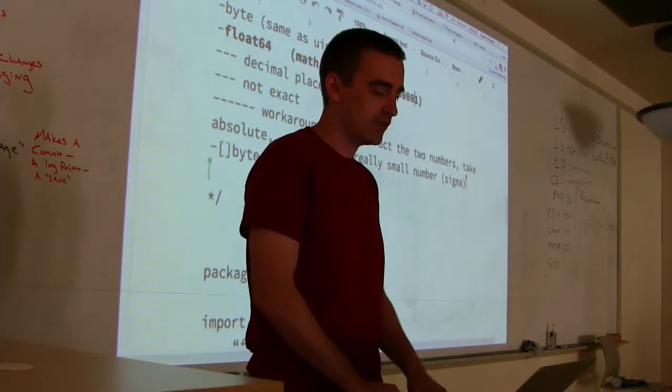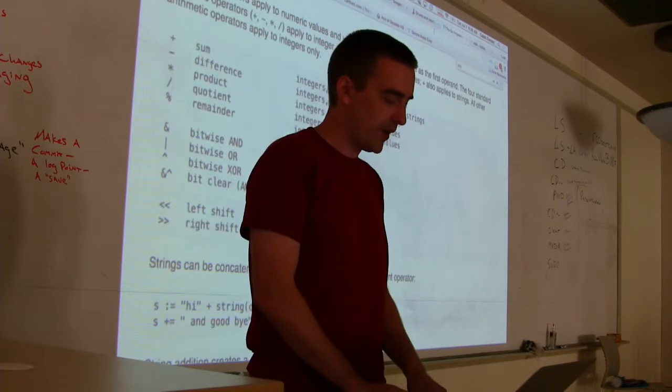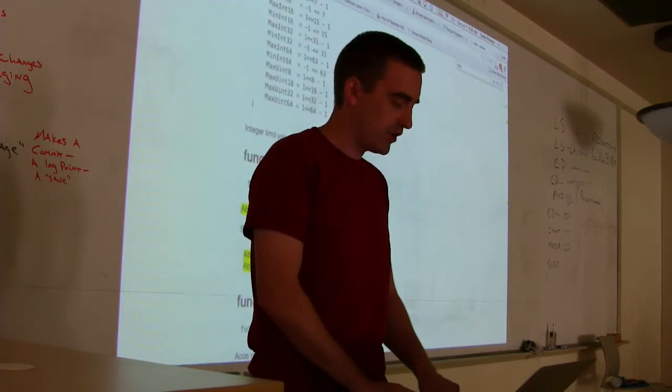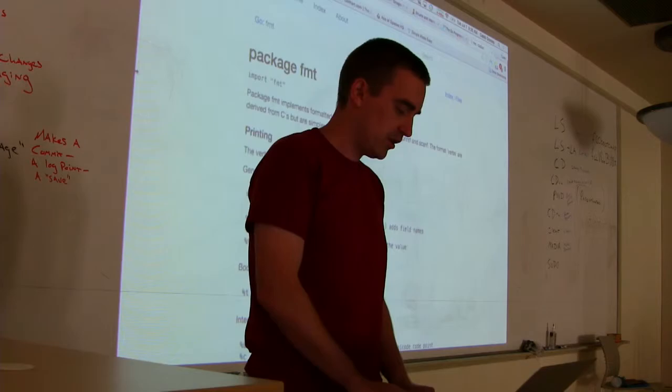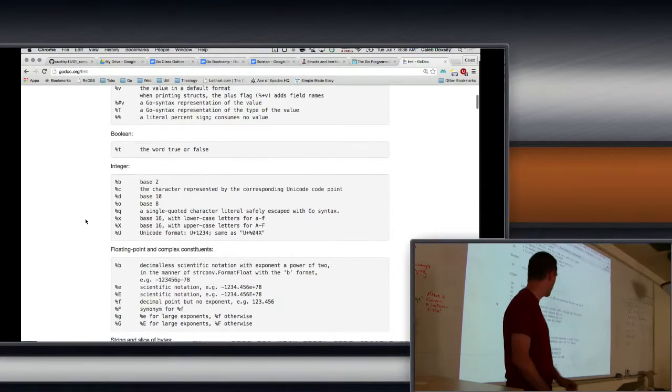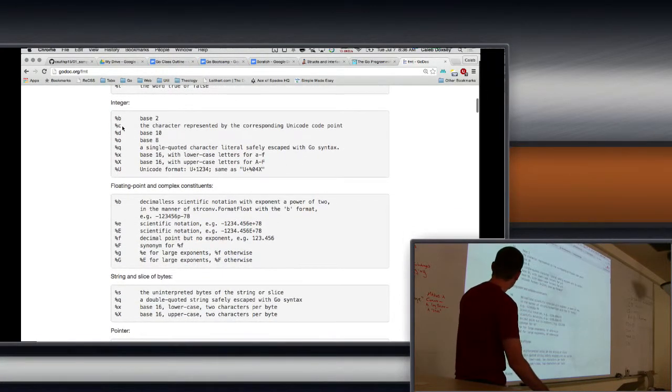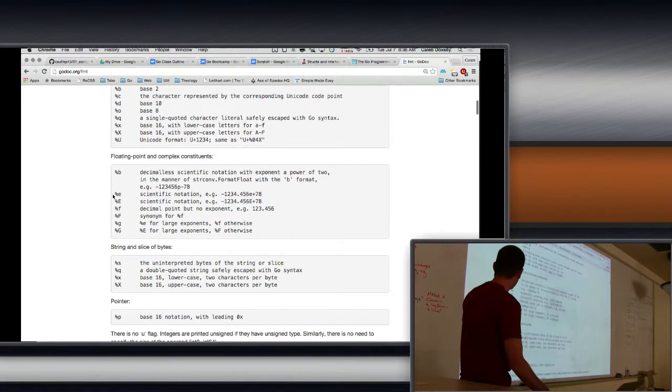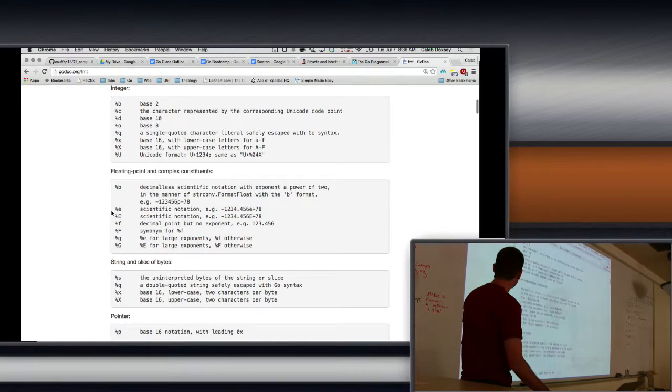The way we can do that is using the fmt library. If we go to godoc.org/fmt, we can use these special format strings, which we saw before, and one of them is specific to floating point numbers.